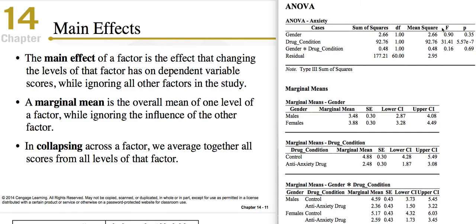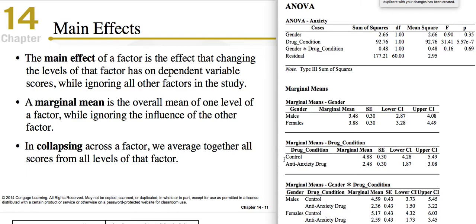So looking at the F value for gender right here, we have a value of 0.9 and a corresponding p-value of 0.35. So that's higher than our test value of 0.05. So we're going to fail to reject the null hypothesis, indicating that the difference between 3.48 and 3.88 is not significant.